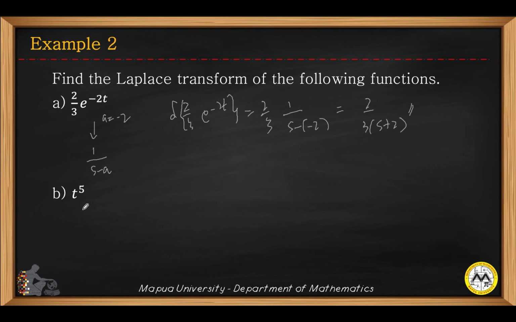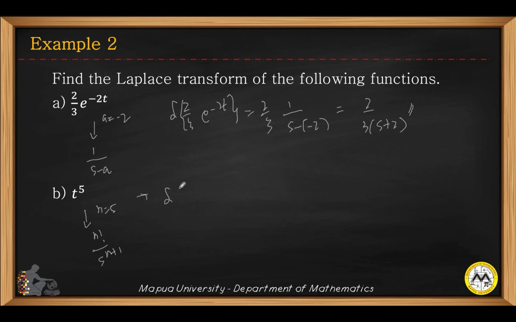And for t to the 5th, this will follow the formula since n is 5, so that's an integer. We follow the formula that is n factorial over s raised to n plus 1.